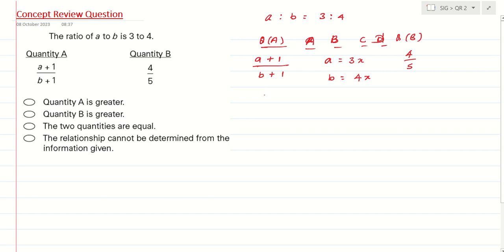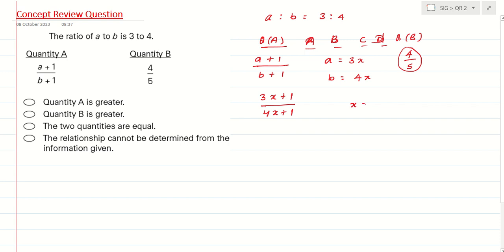Now plug in. Can I say here 3x plus 1, divided by 4x plus 1, correct? Or here no need to change because we have 4 by 5. So the value of x could be anything, no? The value of x is a natural number, right? So if x equals 1, what is the value of A? 3, correct?